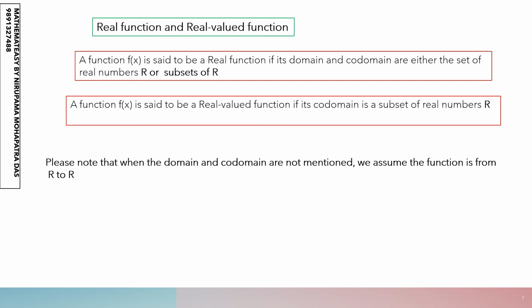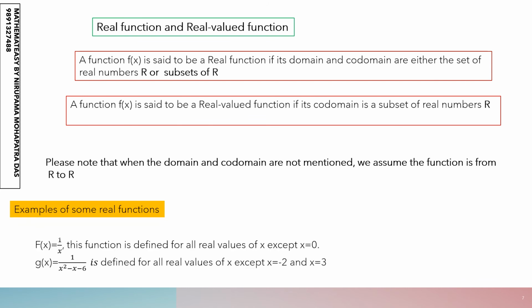For example, you are given a function from A to N. So this is fixed: the domain of the function is set A and the codomain is the set of natural numbers. But if nothing is given, simply f(x) equal to 1 by x, then we know the domain and range are subsets of real numbers.